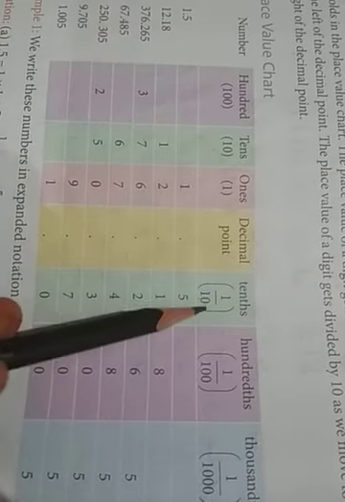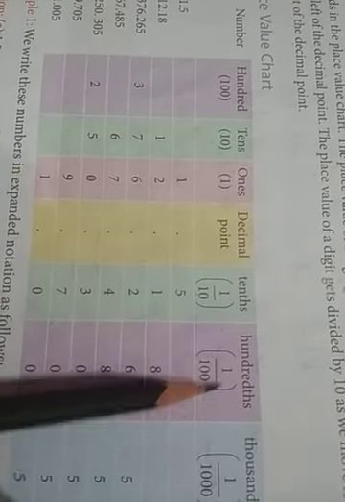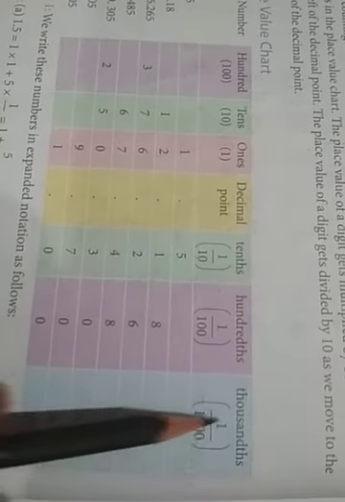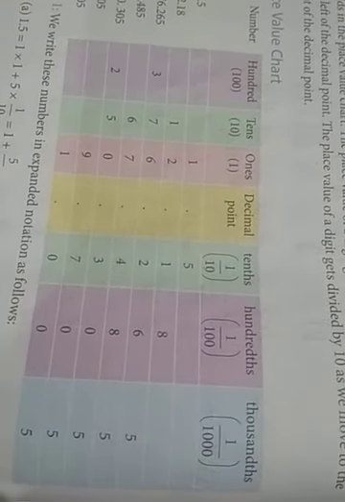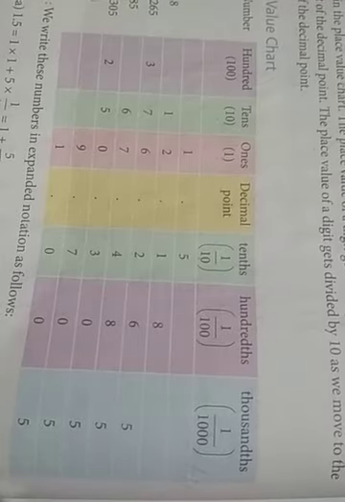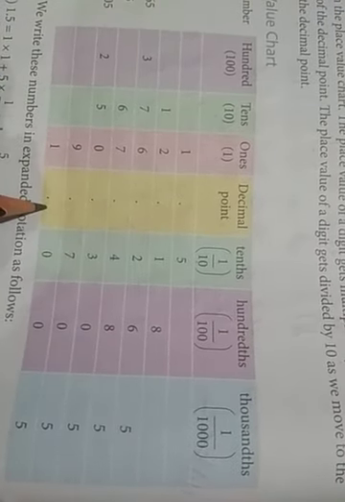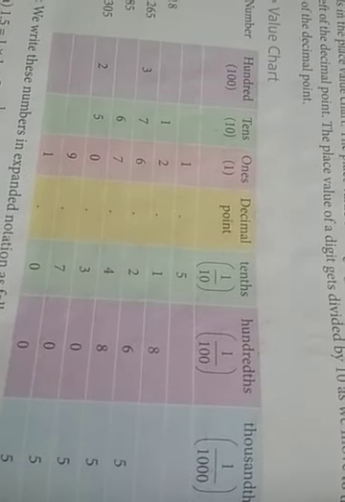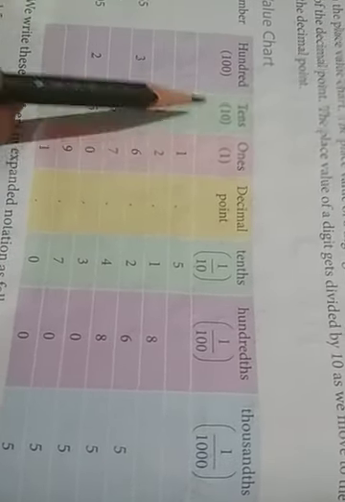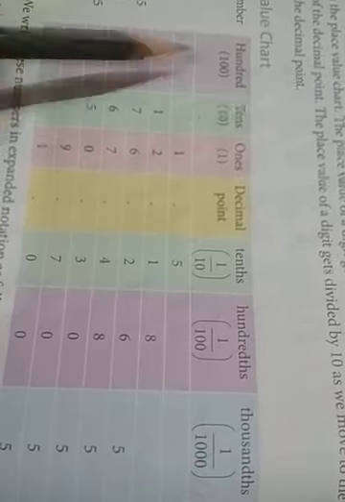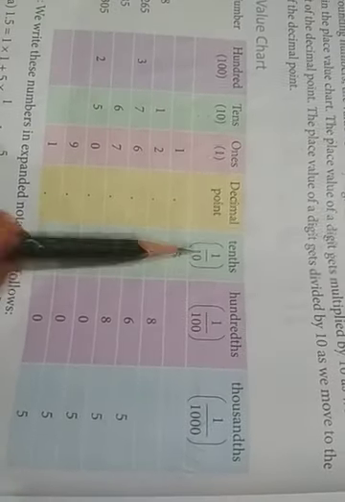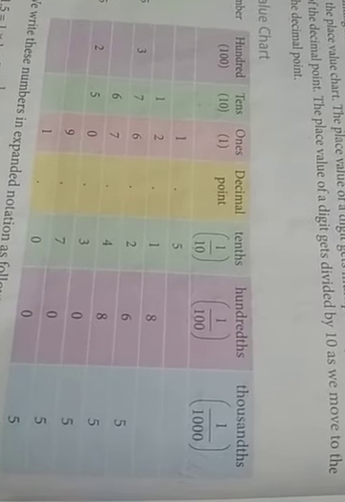As you can see, tenths means 1 by 10, hundredths means 1 by 100, thousandths means 1 by 1000. So in place value chart, we will take decimal point in the middle and then to its left we will begin with ones, tens, hundreds, and to its right side we will begin with tenths, hundredths, thousandths.